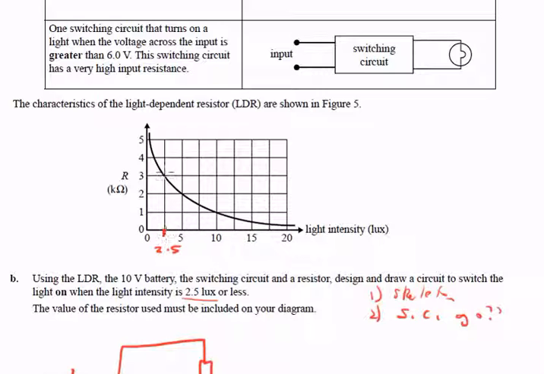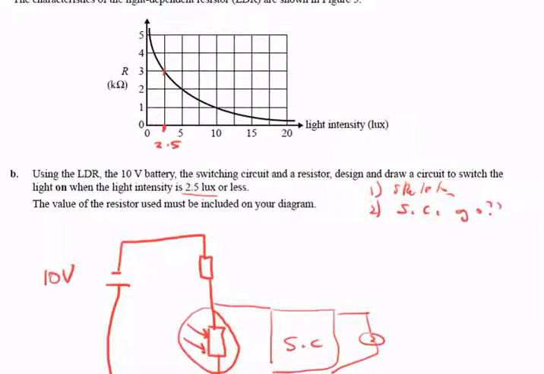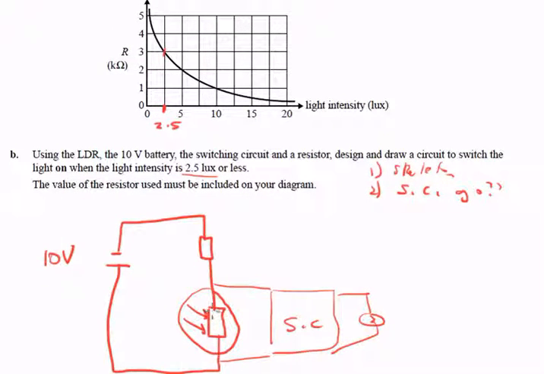When it's 2.5 lux or less, the resistance of the LDR gets higher and higher. As it gets darker, its resistance gets bigger, so it takes a bigger portion of the voltage, and that's why we know the switching circuit has to go on here. Anyway, that's the first thing.